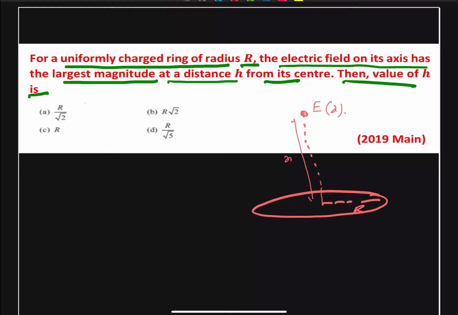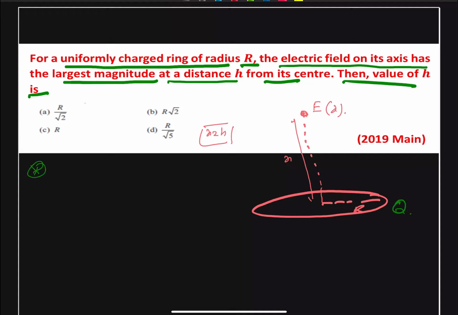In this particular question, the value of x is equal to h, but we are going to generalize the formula, and since it is uniformly charged, let us suppose the charge is given as q.